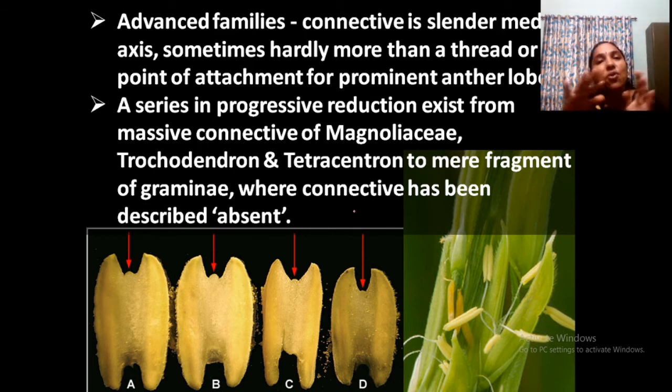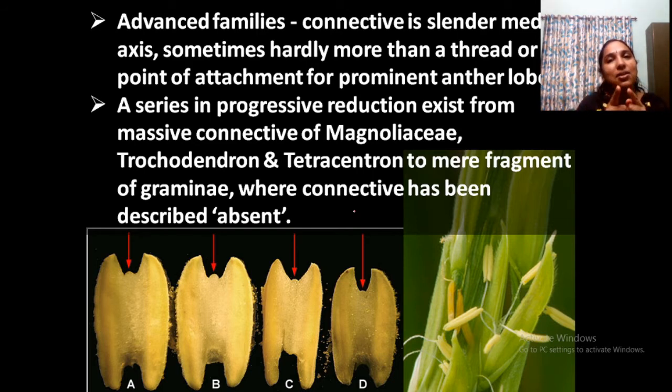Clear? And a series of reductions occurs, from the massive connective in Magnoliaceae, then Trochodendron, Tetracentron, to a mere fragment in Gramineae. See, that is the difference here. So, if you take the example of Annonaceae itself, you can see the connective is very thick and protrudes out like an appendage, a hood. Clear?